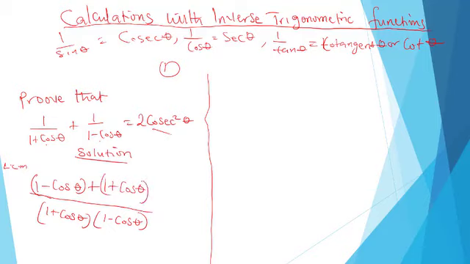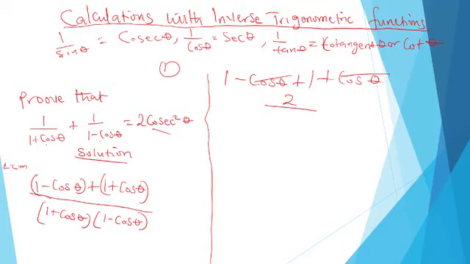Now you expand the bracket at the numerator. We now have 1 minus cos theta plus 1 plus cos theta. You discover that we have minus cos theta plus cos theta, so plus and minus go off. The only thing left is 1 plus 1, so here you have 2 over the denominator, which is still the same.